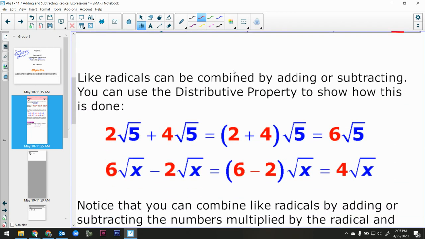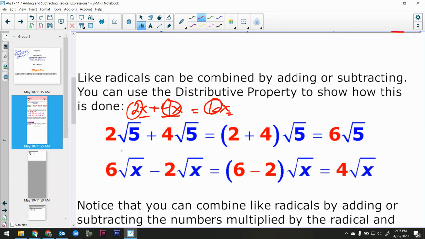You can use like radical terms to add and subtract, okay? So think about it this way. Let me ask you this, what would 2x plus 4x be? Obviously 6x, right? When you have like variable terms, all you need to do is add the numbers out front, add the coefficients, and then keep the same like term, right?